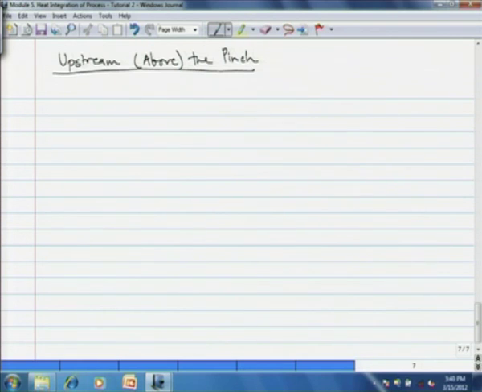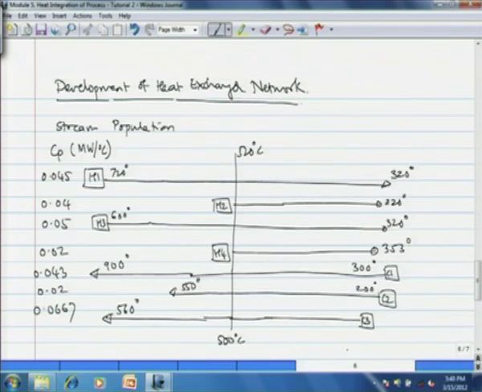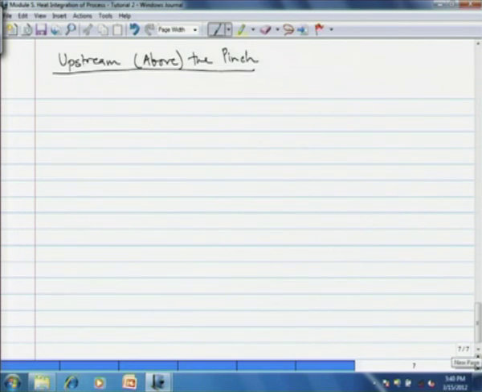Now, above the pinch we have two hot streams, H1 and H3, and 3 cold streams. So, let us see what is the heat available with the hot streams and what is the heat requirement of the cold streams.